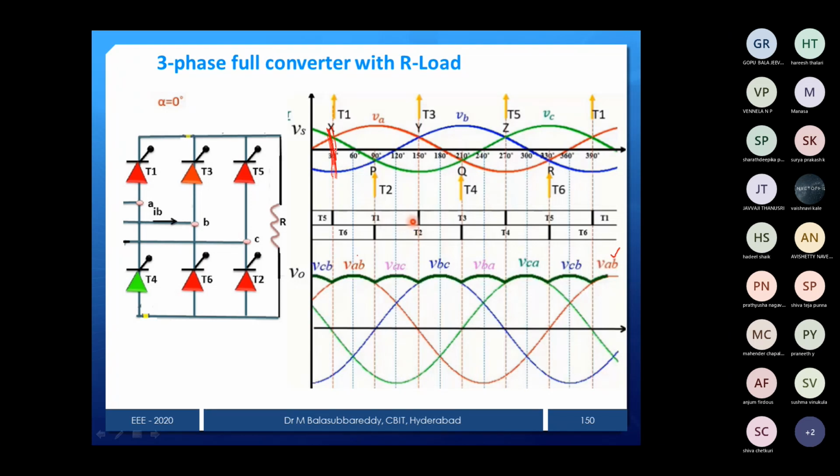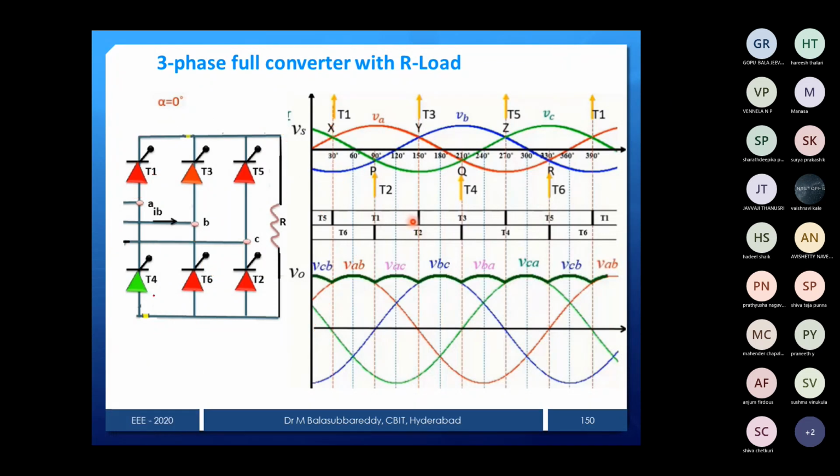At that instant A phase is more positive and B phase is more negative. Then which device will start conducting? Current will pass through T1 to the load, then it goes through T6 and out.